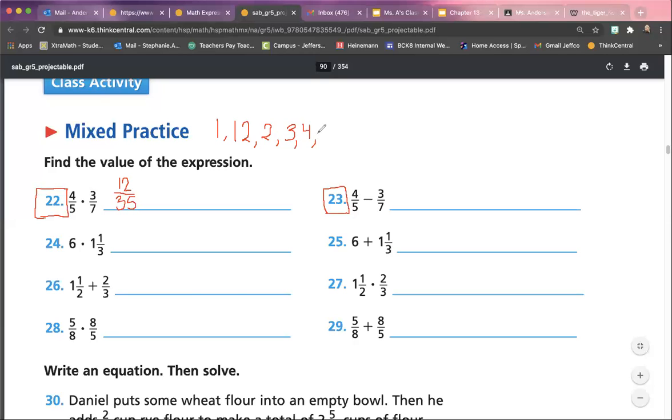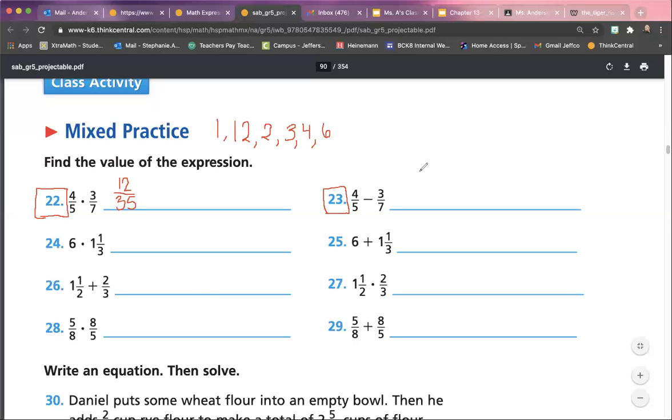And that's all we have here. So we'd have to look at 35 and be like, okay, so does 2 go into 35? No. Does 3 go into 35? No, 4, no. So what's crazy, you guys, is that it actually cannot be simplified. There's no common factor here that we could divide by.